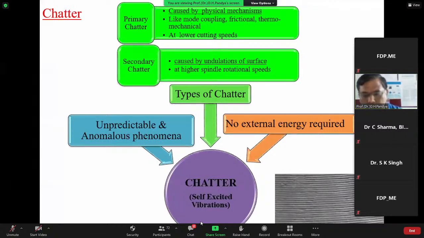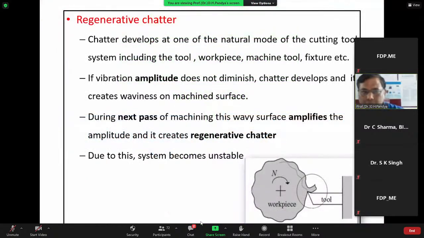We will discuss this. Now our main focus is on the regenerative chatter. Regenerative chatter develops at one of the natural modes of a cutting tool system, including the tool, workpiece, machine tool, fixture, etc. If the amplitude does not diminish, chatter develops and creates waviness on the machined surface. It means we have to reduce the amplitude of vibration to minimize the chatter.